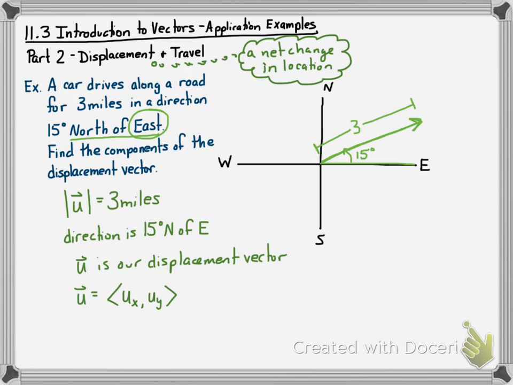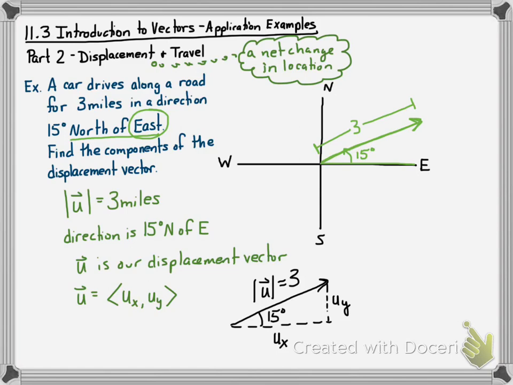We have our vector, which we're naming u, and it has an x component and a y component. The x component we name ux, and the y component we name uy. We have this angle of 15 degrees, and we're told that the magnitude of u is 3.